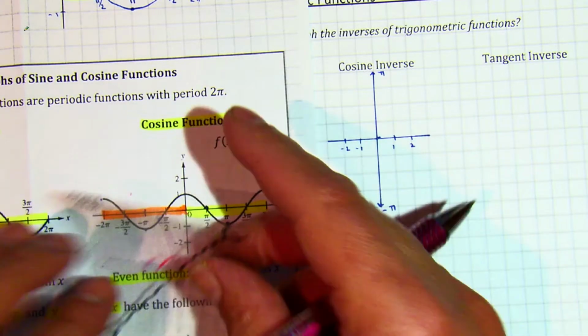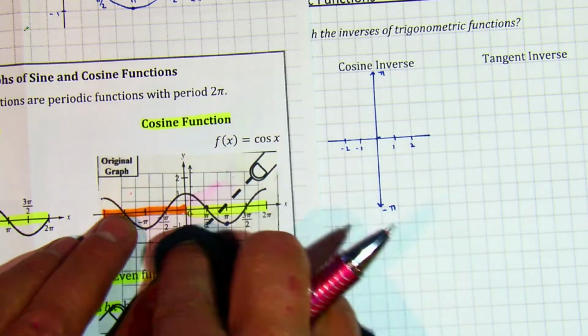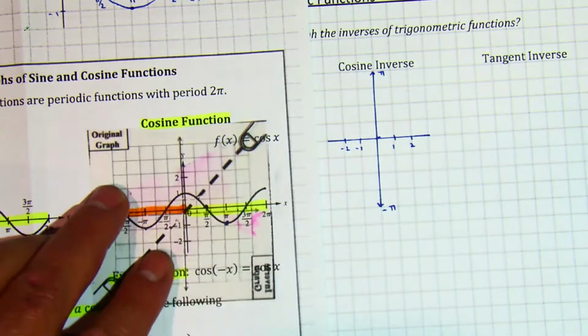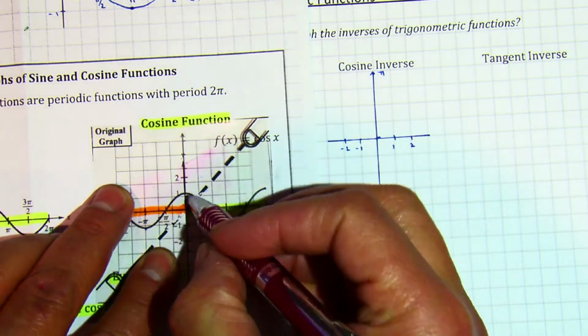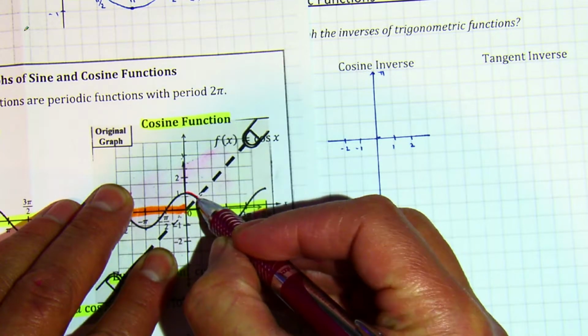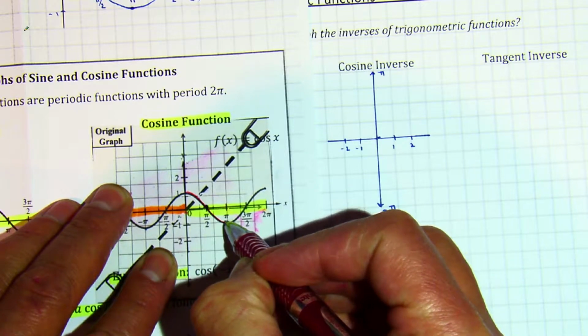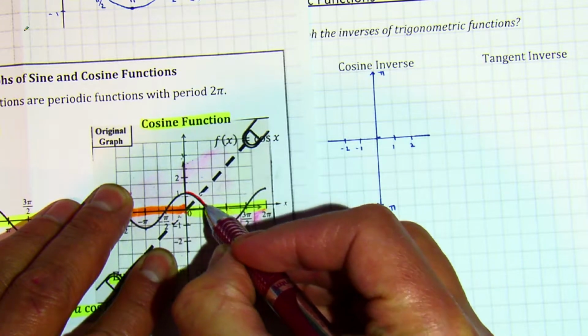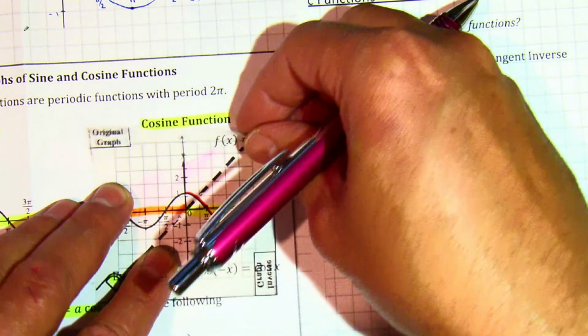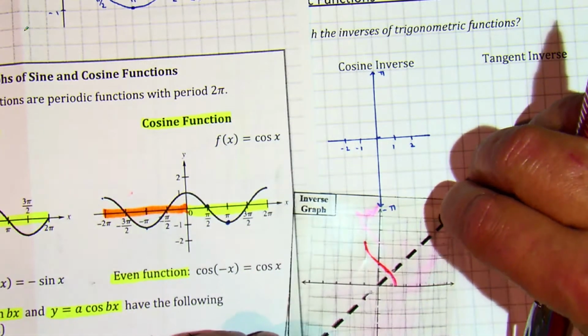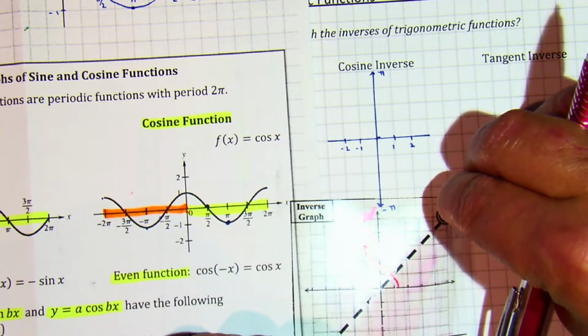And that's why we are going to restrict our graph to be from 0 all the way up to pi. We are going to get this part of the graph, and we're going to take the inverse. And that inverse is a function.